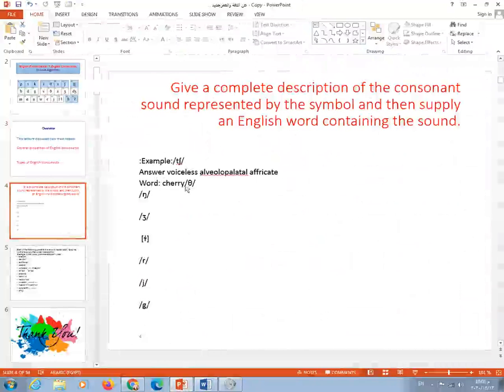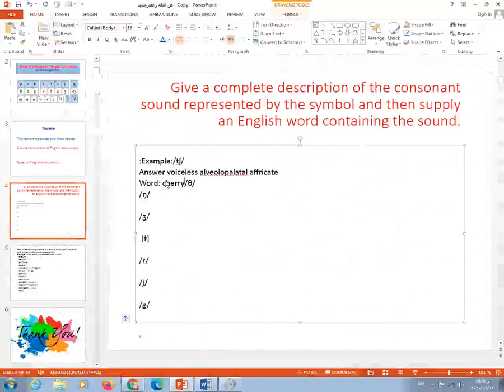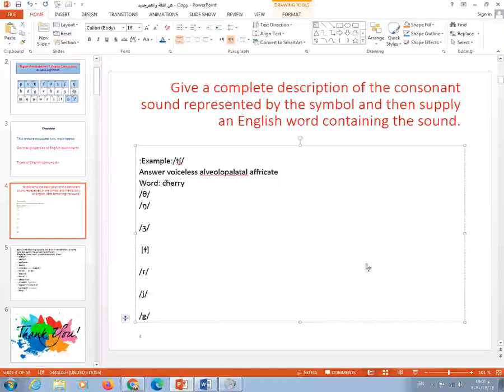If you look at the description of this consonant, we can say it's a voiceless palato-alveolar affricate consonant. Can we do this? Please do the same with the rest of the consonants. We have sh, we have ng, we have j, we have l, which is voiceless l after p and c, as in clay and play. We have r, we have y, and we have g.